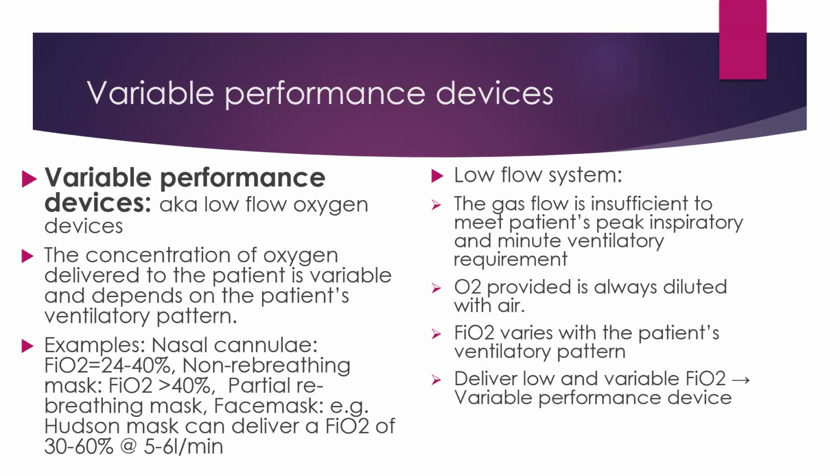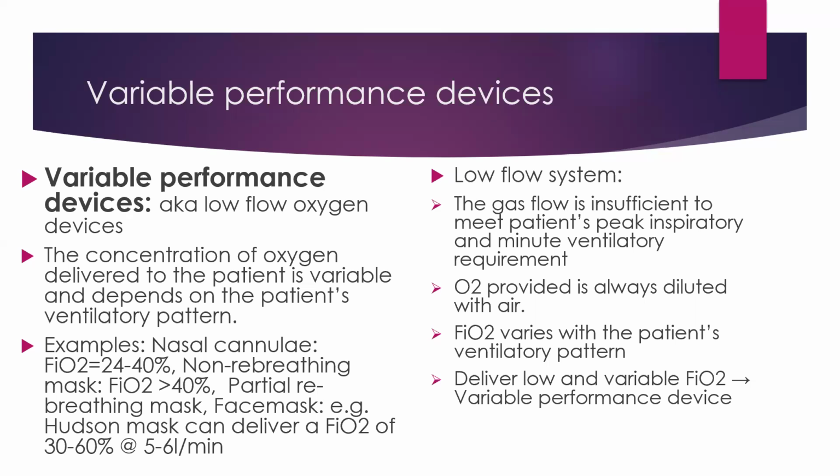Variable performance devices, also known as low flow oxygen devices. Here, the concentration, the FiO2 of oxygen that is delivered to the patient depends on the patient's ventilatory pattern. If the patient is hyperventilating, he has more FiO2 being delivered. But if the patient is hypoventilating, you have reduced FiO2.